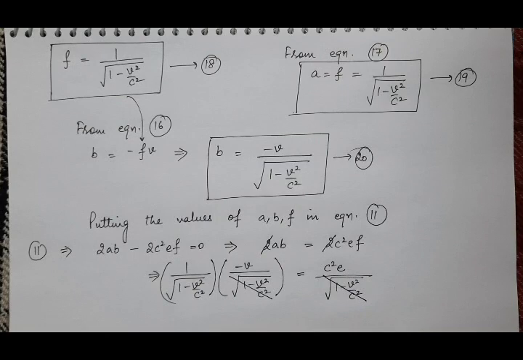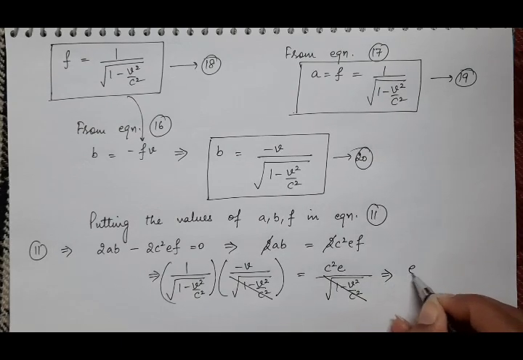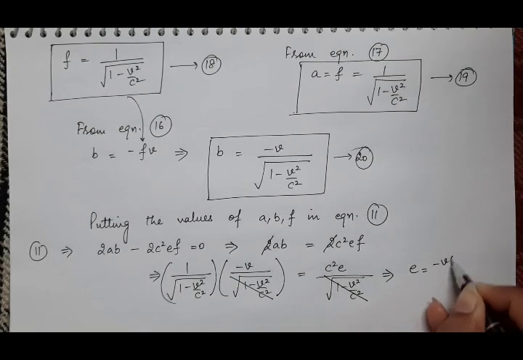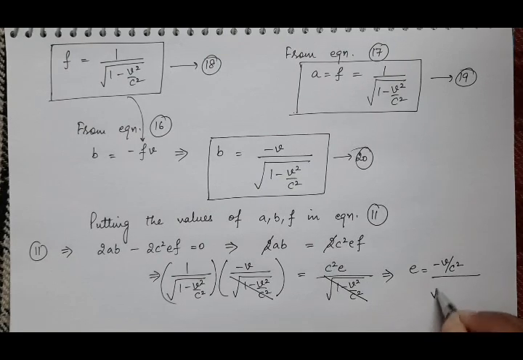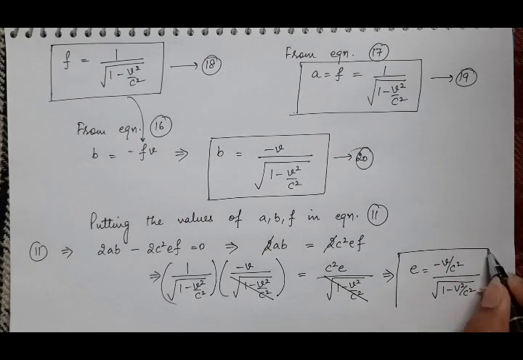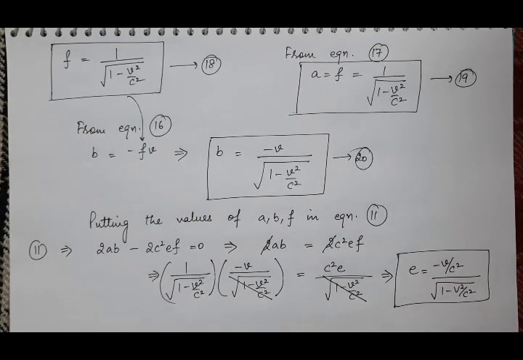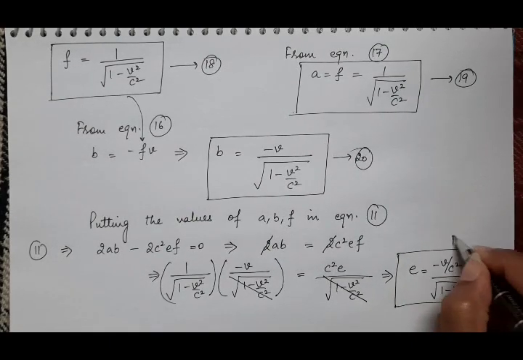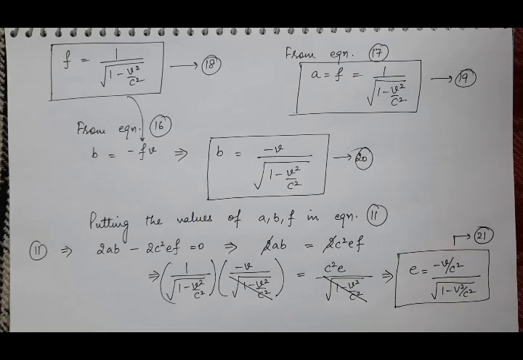One of this term will be cancelled out. Move this C square to this side and you will get the value for E. So E is equal to minus V by C square upon root 1 minus V square by C square. And this is the value for fourth unknown, that is E. And suppose this is equation 21.